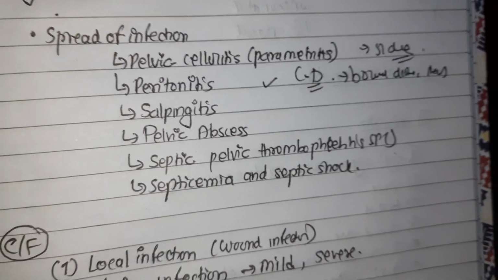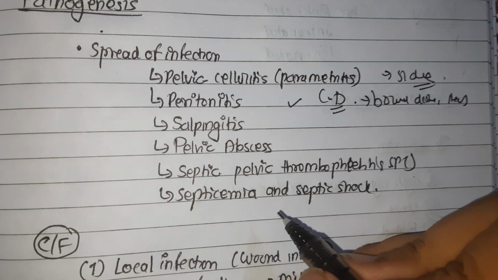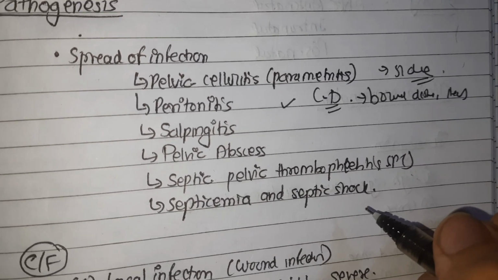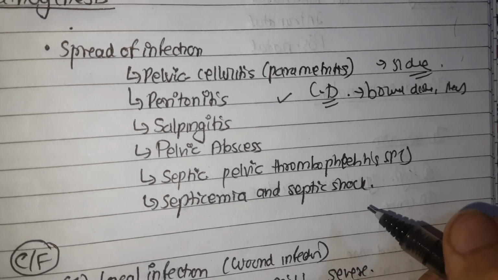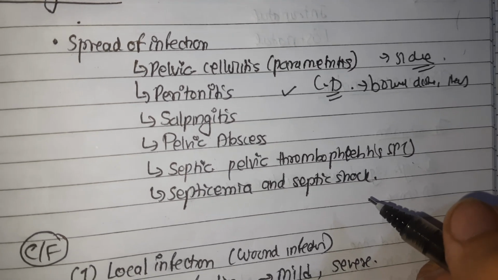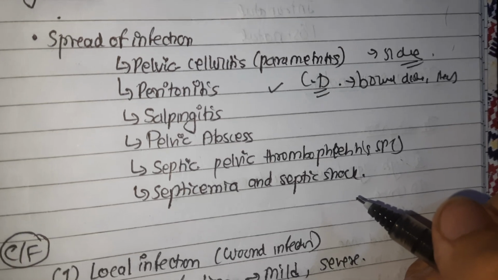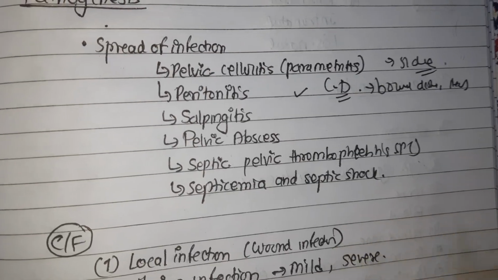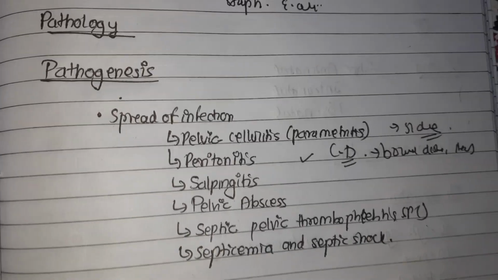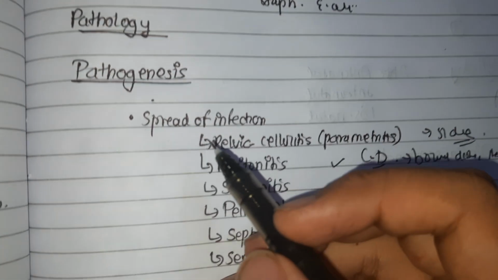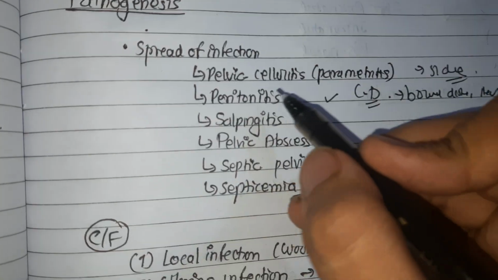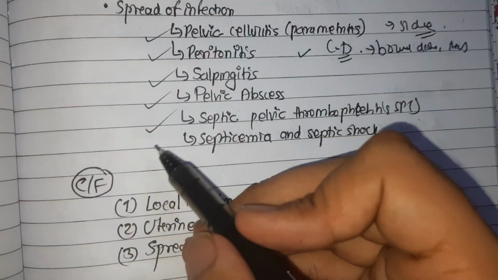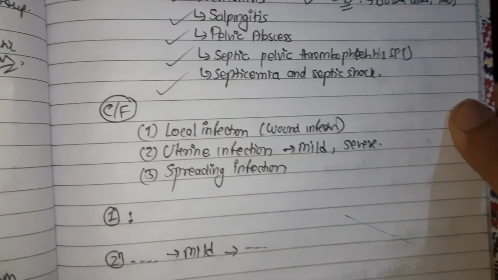And next, there can be septicemia and septic shock due to hemolytic streptococci, streptococcal toxic syndrome, anaerobic streptococci, and septicemia may cause lung abscess, meningitis, pericarditis, endocarditis, or even multi-organ failure, and death occurs in 30% of the cases if the infection is spread. So what happens is that if the infection is spread from the genital tract, that may lead to pelvic cellulitis, peritonitis, salpingitis, pelvic abscess, septic pelvic thrombophlebitis, and septicemia and septic shock.